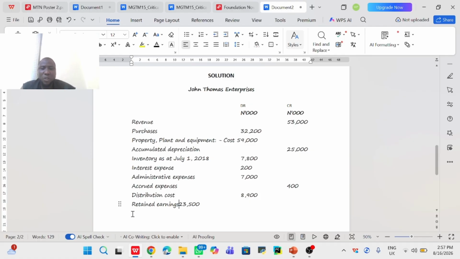The part of the profit that you kept is known as retained earnings. It is a profit, an income, and income will be on the credit side of the account. That's where you credit 23,500.